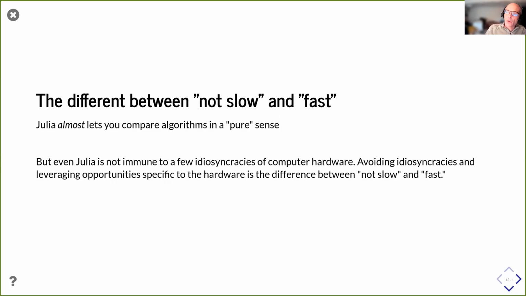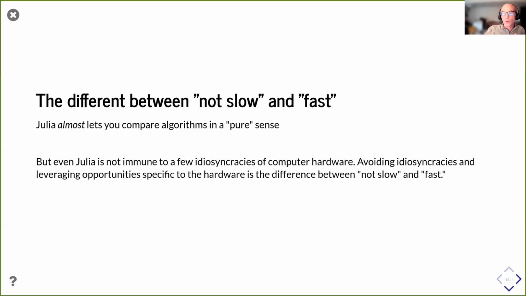And so knowing something about the idiosyncrasies of computer hardware, and optimizing your implementation not just in terms of, say, operation count, but also in a manner that's aware of these idiosyncrasies and limitations of computer hardware, and designing your algorithm to take account of those, work around the limitations, and take advantage of opportunities.